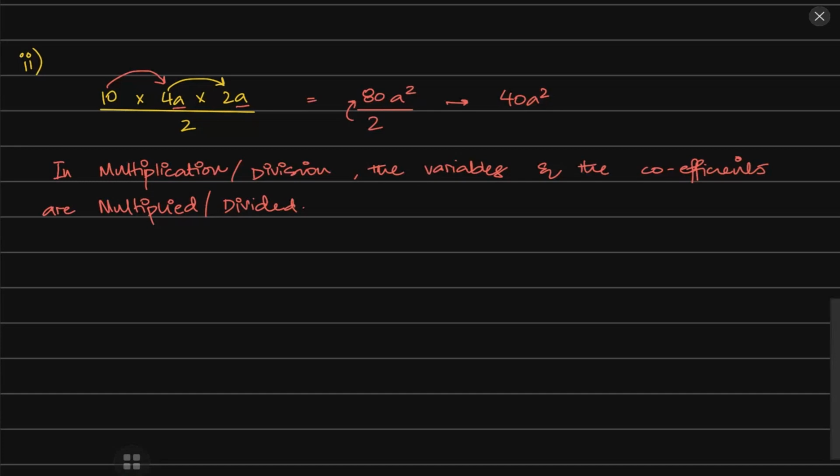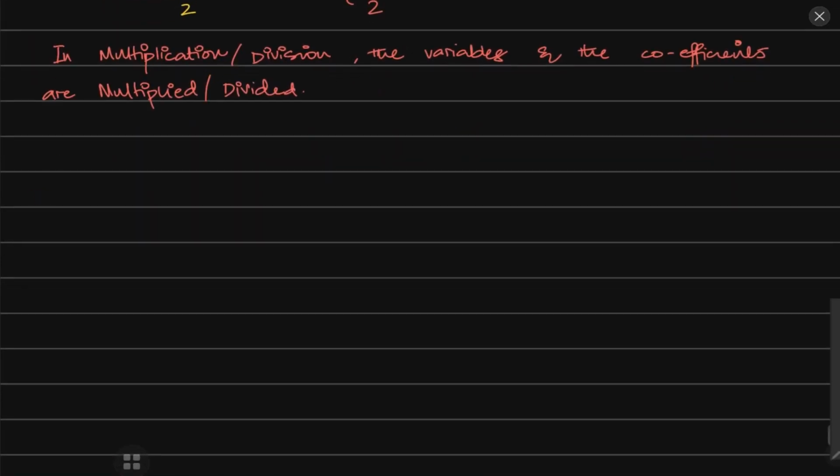Now, whenever you have an expression with a number outside the bracket, which is technically supposed to be multiplied, each and every single term within the bracket needs to be multiplied by that number. What do I mean by that? Let's suppose I have 5 times a squared plus 2a plus 4.